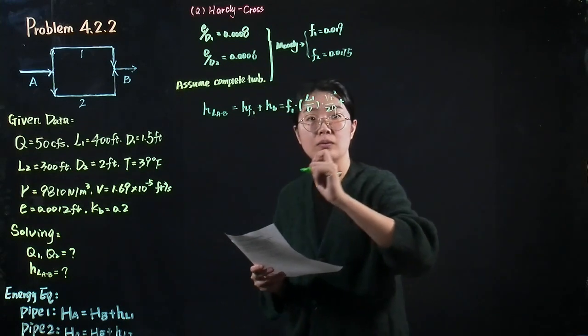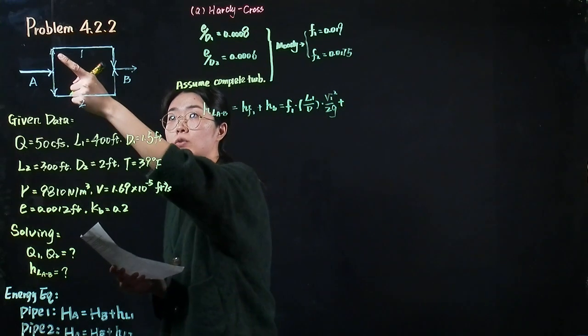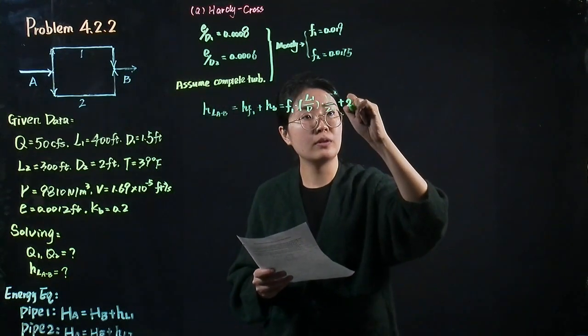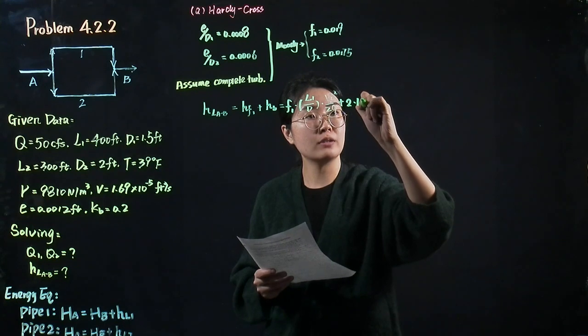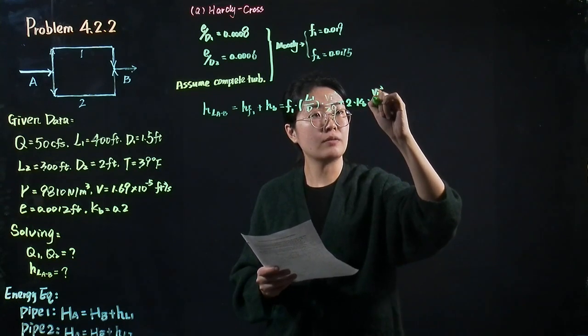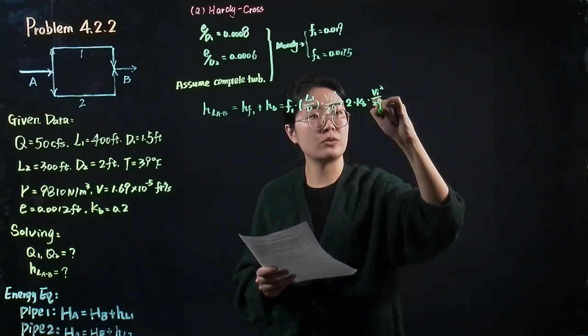Because there are 2 bends in pipeline 1, it should be 2 times the coefficient times the velocity squared over 2g.